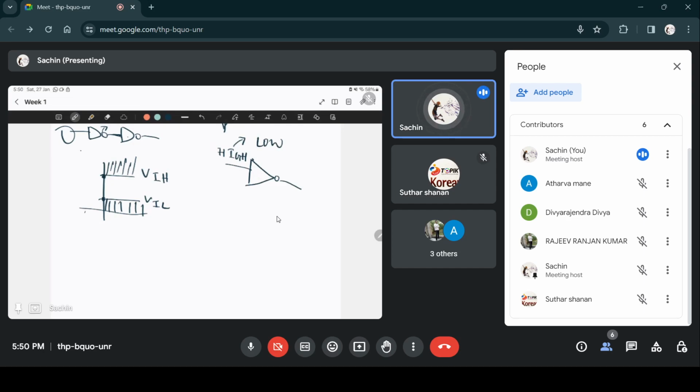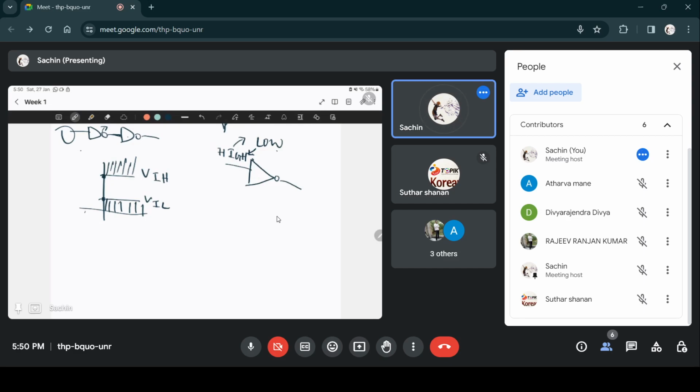So what is the minimum amount of voltage difference that you need to change your input by to get a transition? This is a transition, right? From high to low or from low to high. That's a transition in the state of the input.